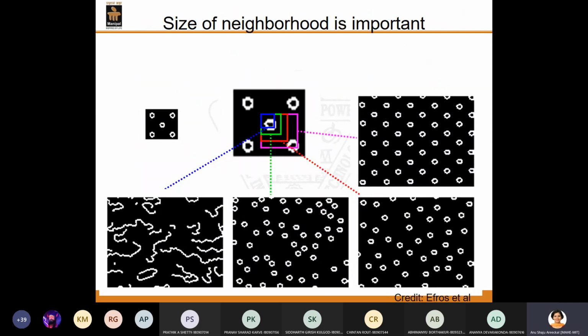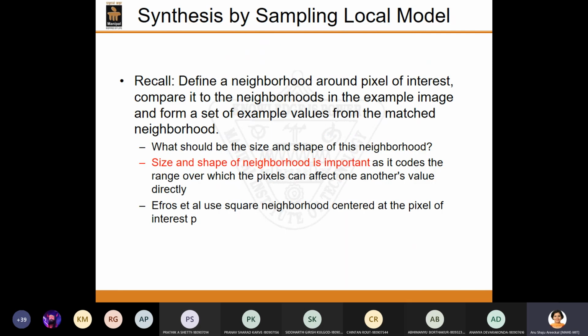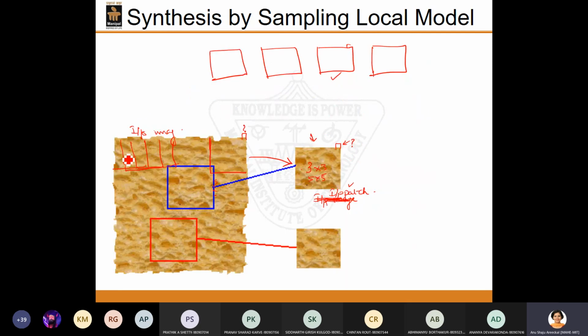Okay, so just to give you an example, when you're considering the size of the neighborhood, in the previous slide I mentioned that we look at this neighborhood, and its size can be 3 cross 3 or 5 cross 5, or a much larger patch.